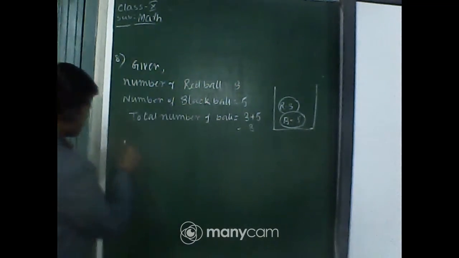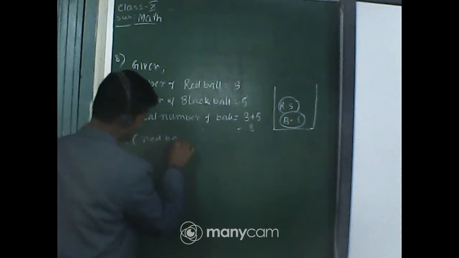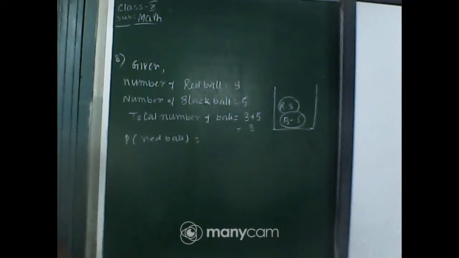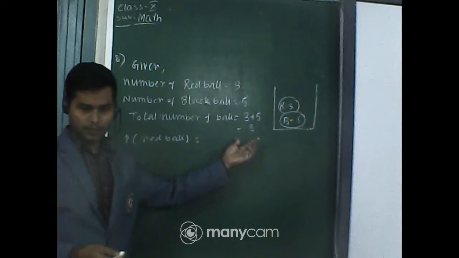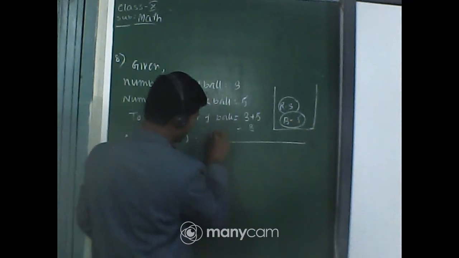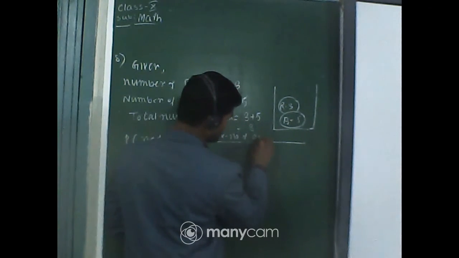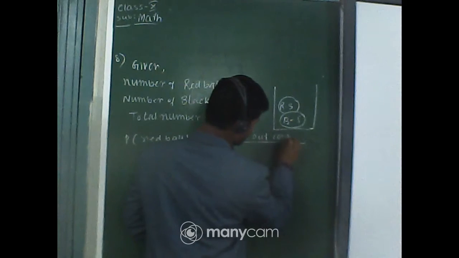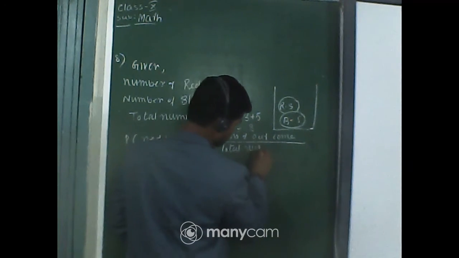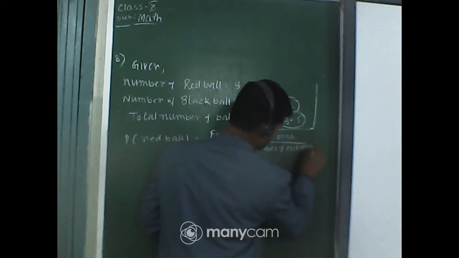Okay, now probability of red ball is equal to, now the formula is favorable number of outcomes by total number of outcomes.